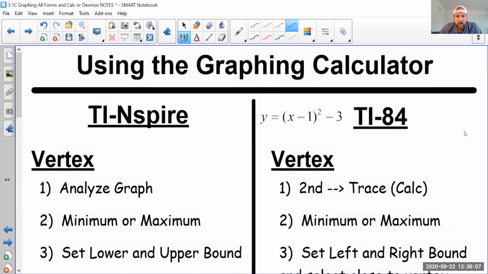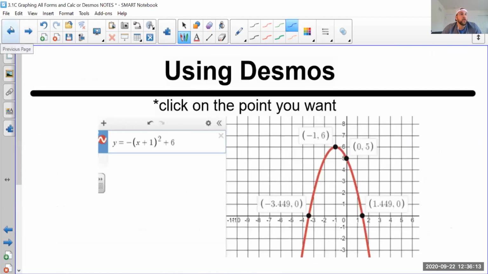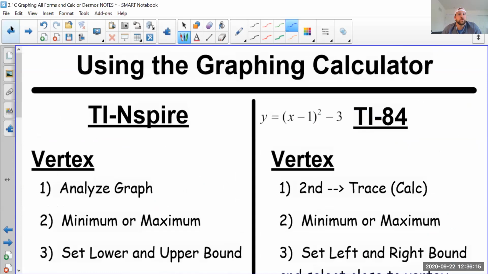Okay, so if you have an Inspire, get that out. If you have an 84, get that out. If you don't have any sort of graphing calculator, then open up Desmos. So first thing you have to do, no matter which calculator you're using, is type this equation in. So go ahead and do that.